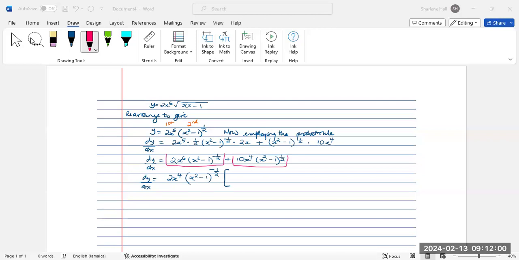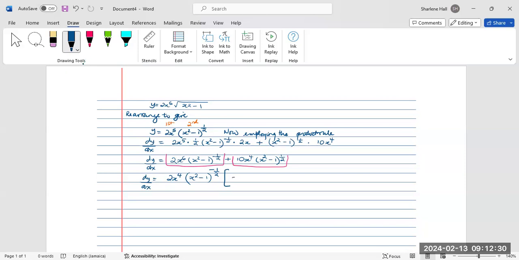Yeah, what is left? Let me put it right here. What will multiply 2x to the 4th to give me 2x to the 6th? X squared, sir. Yes, thank you.